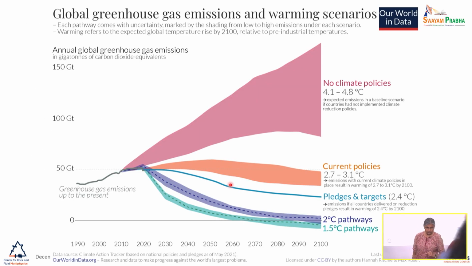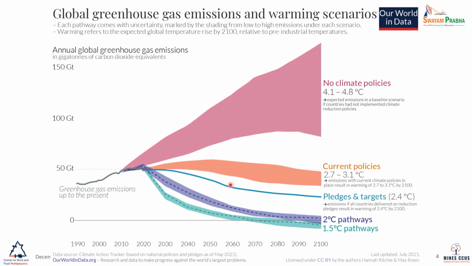So just to remind us all, the reason we are here is because we have this part that we are looking at if we don't do anything. If we do current policies, we are still aiming at a 3 degrees centigrade rise above pre-industrial levels.